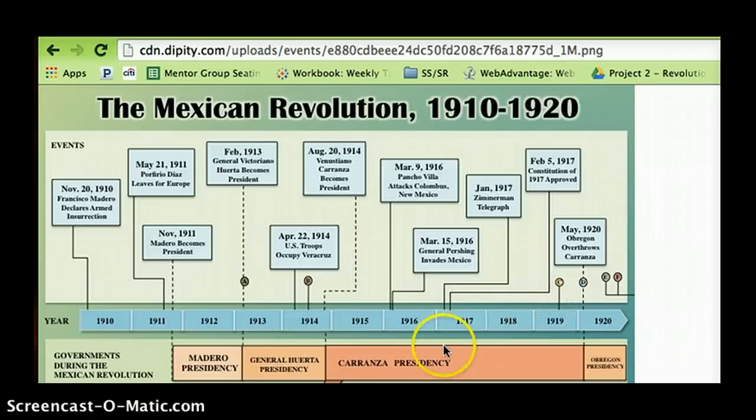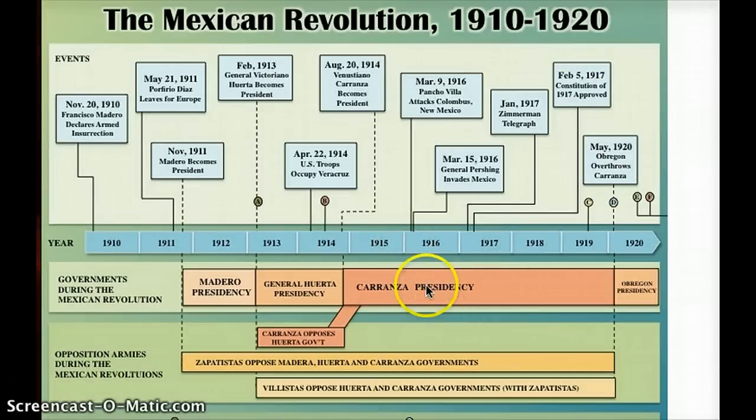Also, the Constitution happened during Carranza's presidency, so that's important too. This graph is also important because it tells me who was president at the time, Carranza. It tells me who was against the president, which is Zapatistas, Huerta, Carranza. All of these are really, really important for me to know.